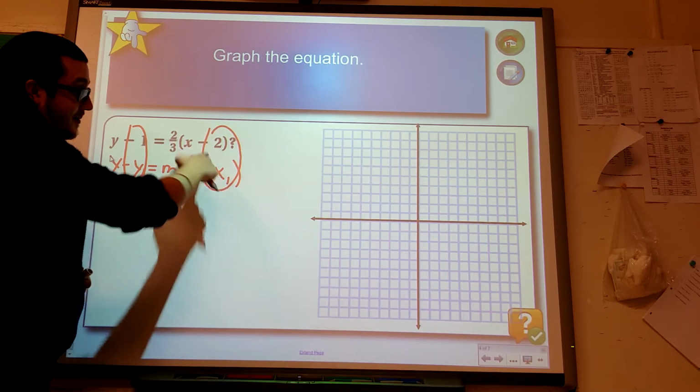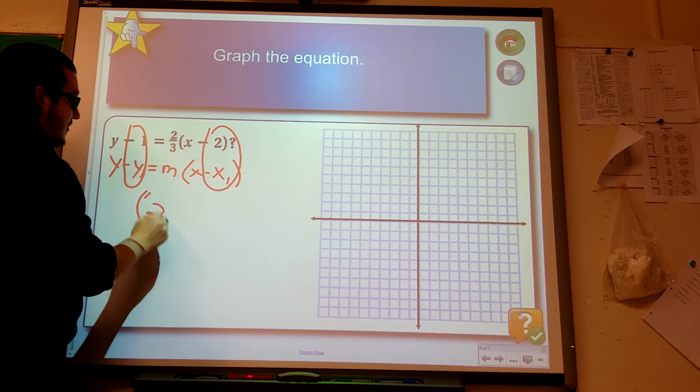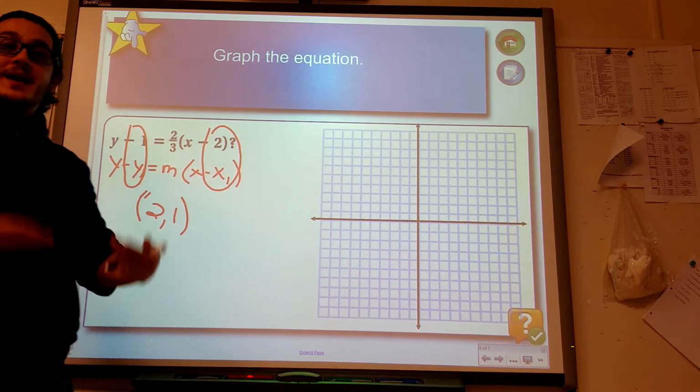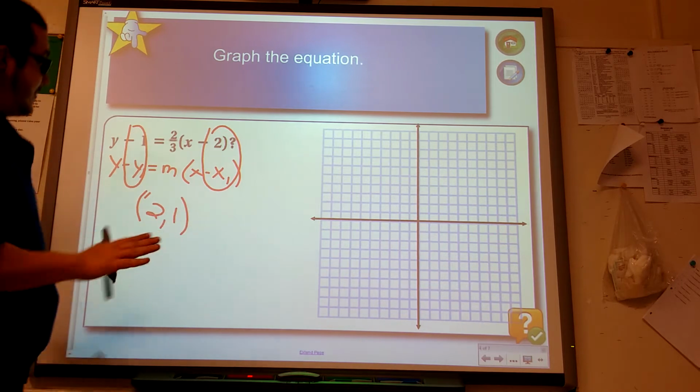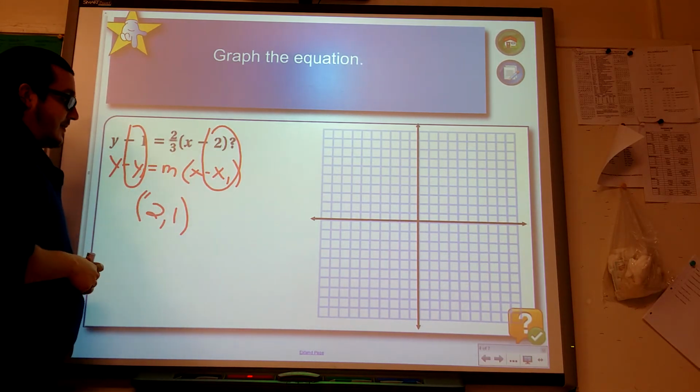Don't make that mistake. It's a minus. It'll be 2, 1. They're both being subtracted. That means they have to be positive points. If they said plus there, whole different story. But these are both minuses, so it's positive coordinates.